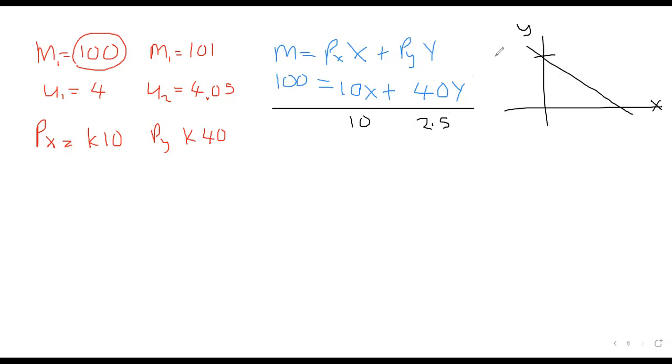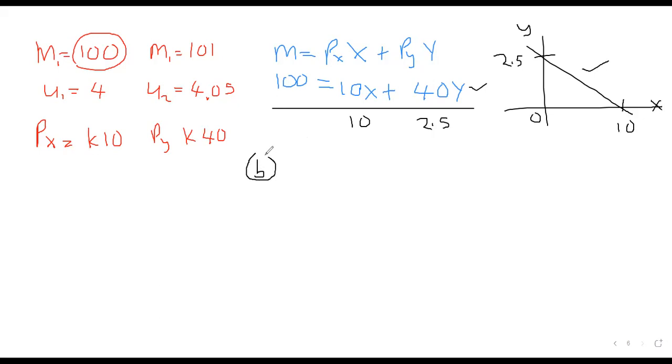On the Y-axis, we put 2.5, that's the maximum. On the X-axis, the maximum is 10. This is how we illustrate this budget line. Question 1, write down the budget line and sketch it.